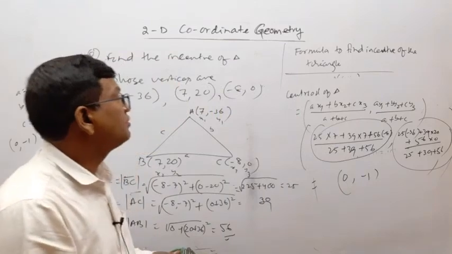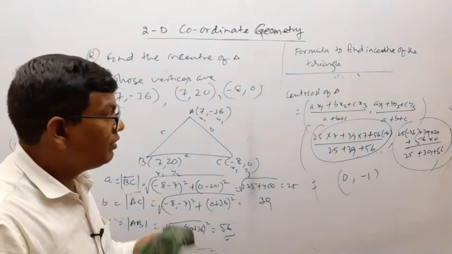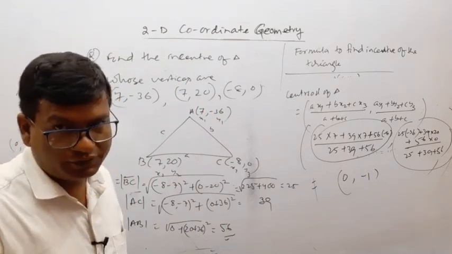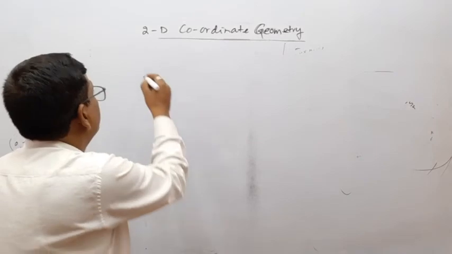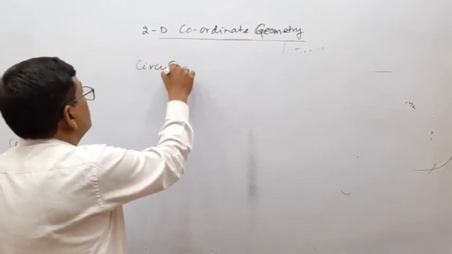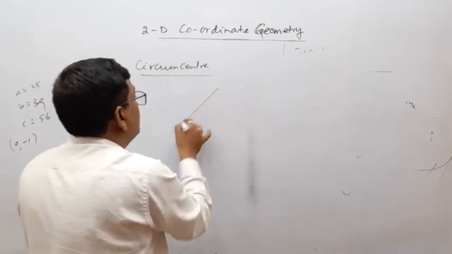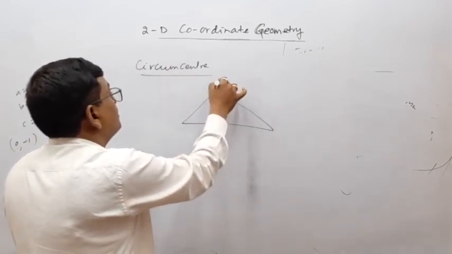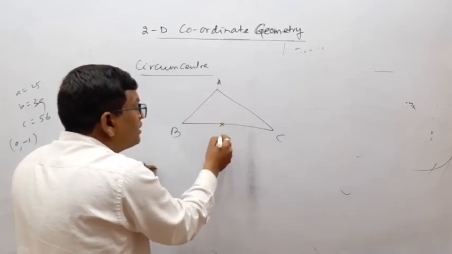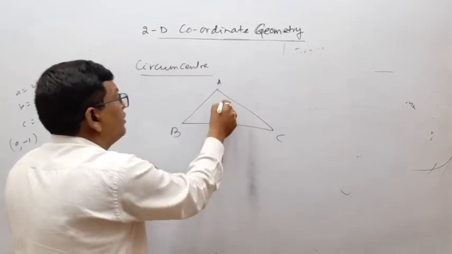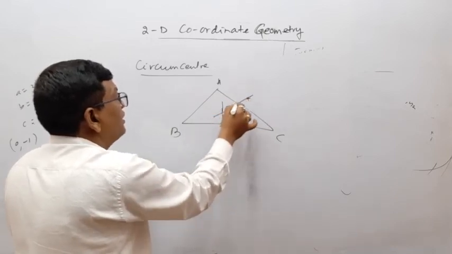Now what is circumcenter and what is orthocenter? What is circumcenter? This is a triangle, and this is A and this is B. This is the perpendicular bisector of a side, this is another perpendicular bisector of a side.